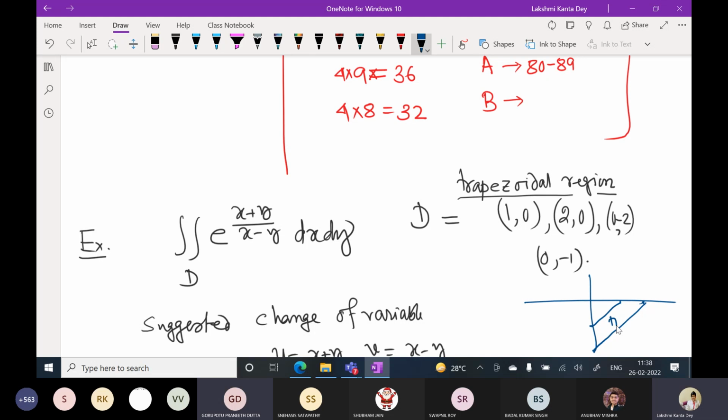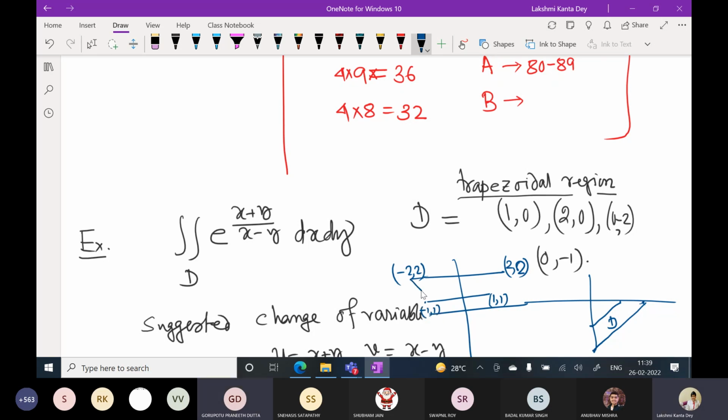Yes, sir. Ultimately x will tend from 0 to 2, and y will tend from minus 2 to 0. The points are minus 2 comma 2, 2 comma 2, and this one 1 comma 1, and minus 1 comma 1.